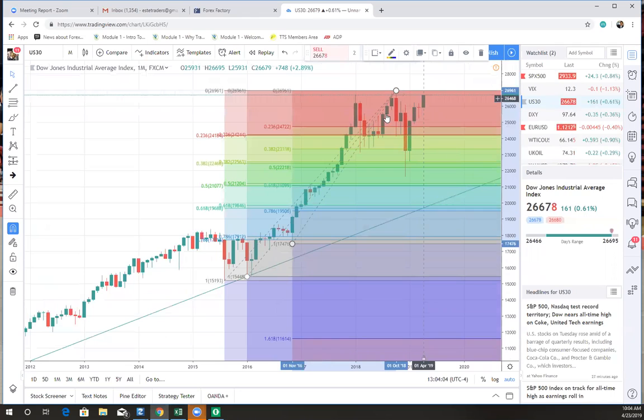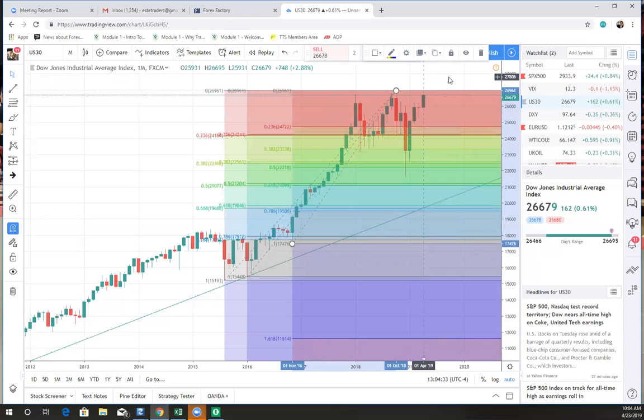So if this is a correction of this impulse, then potentially we have a week and a half for April to finish. It all depends on what the market will dictate. If it breaks through this high, then a continuation of the bullish move will continue.